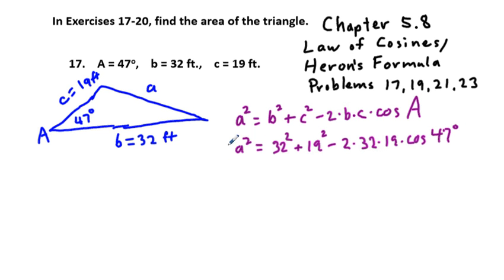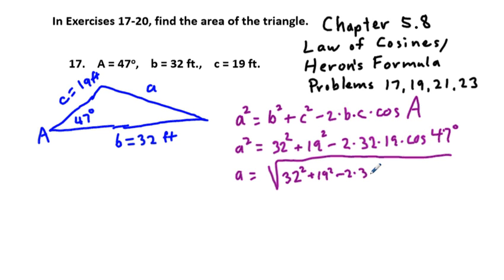So this will be it. And to find what A is by itself, we take this whole big thing and wrap it inside a radical. So we have the square root of the quantity 32 squared plus 19 squared minus 2 times 32 times 19 times cosine of 47 degrees.